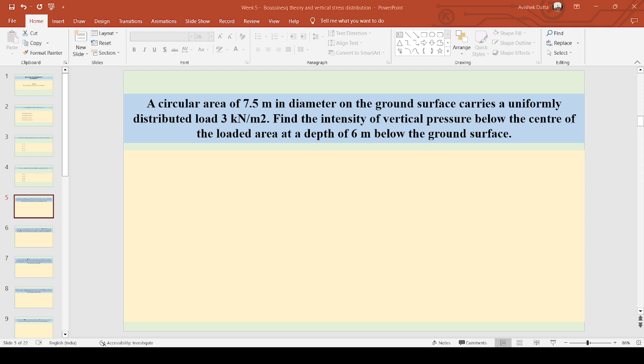I'll repeat the question once. A circular area of 7.5 meter in diameter on the ground surface carries a uniformly distributed load of 3 kN per meter square. Find the intensity of vertical pressure below the center of the loaded area at a depth of 6 meter below the ground surface.